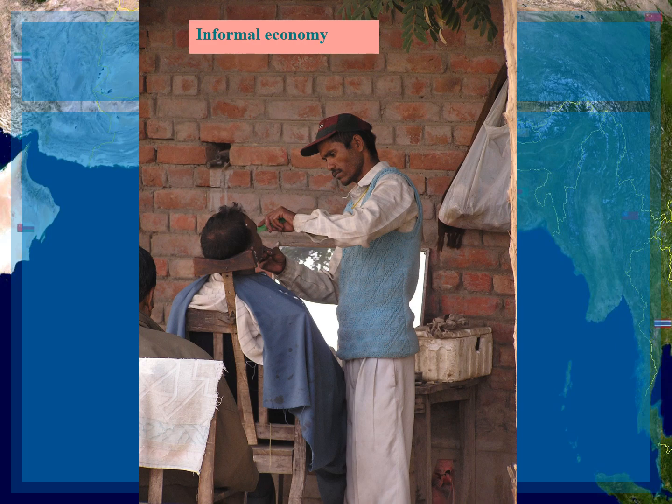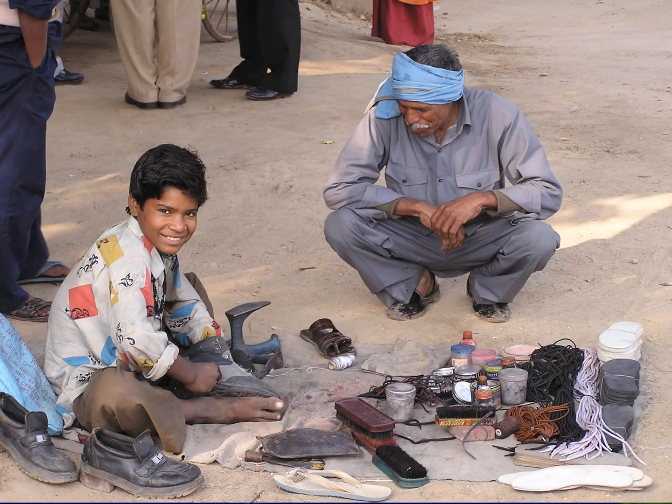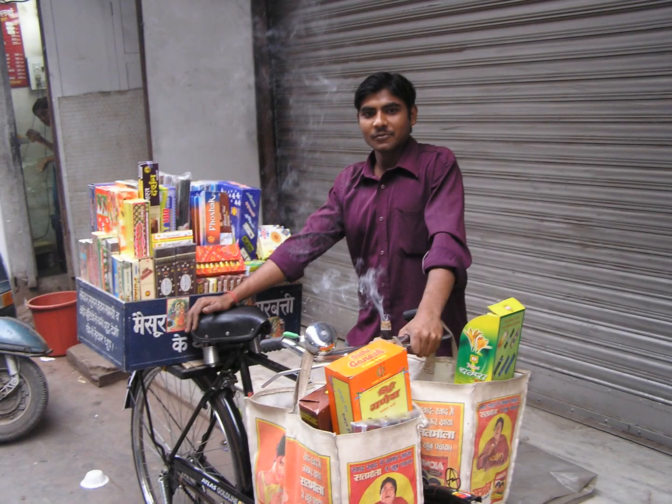So informal economy, remember, is anything that's outside the normal economy, outside anything that is going to be regulated by the government. It's not taxed, but it's also not steady, so they can't count on that income. Shoe repair is another thing that might happen in the street. An incense seller, right? So you could purchase that from a street.